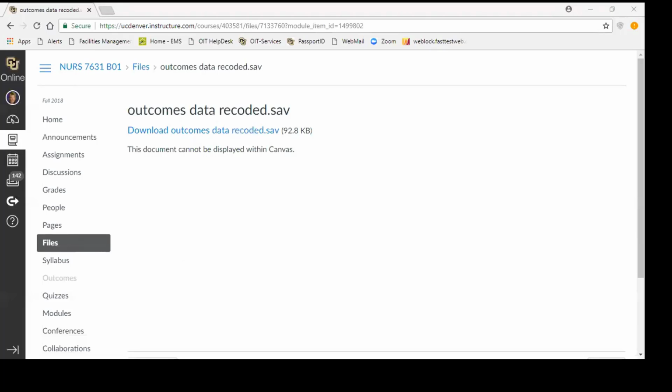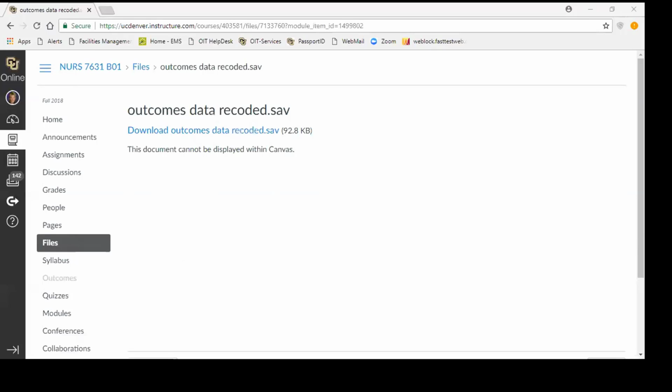Is it opening it up for you in SPSS? Okay, good. Yeah, mine too. And then it says the license expired, but it still let me in. So has everybody played with this a little bit?